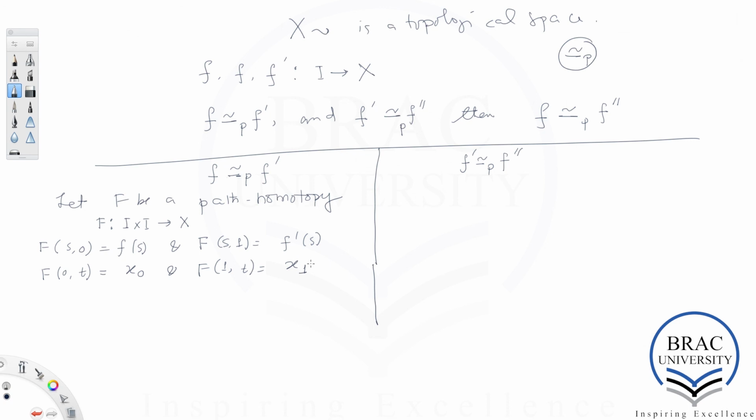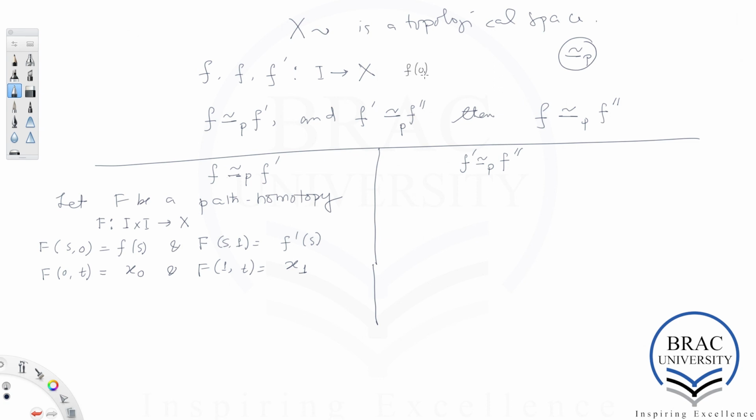Okay, so there are a few other things here, since these are maps from I to X, and since they are paths, we want the initial point of the three paths to be the same, right?